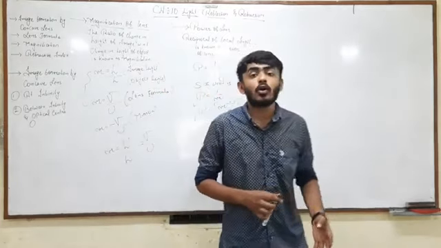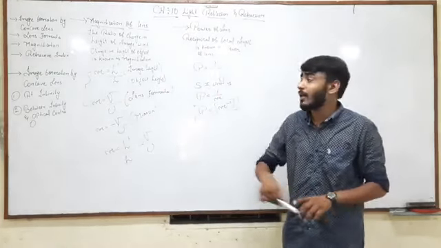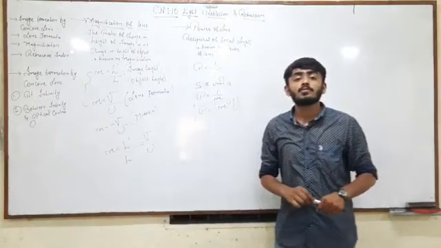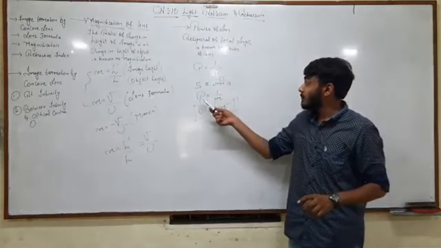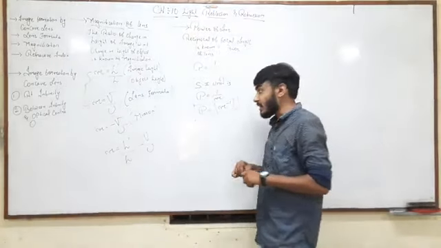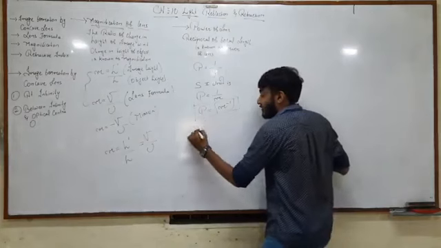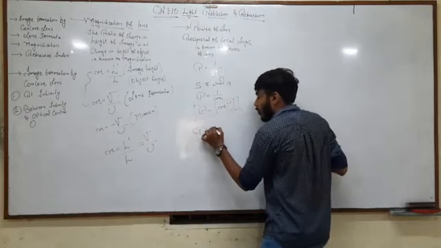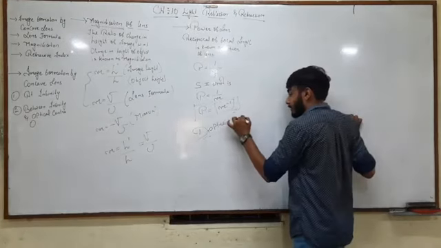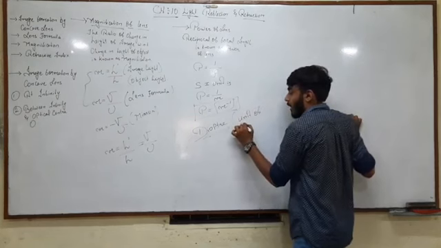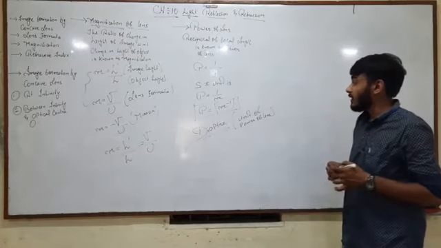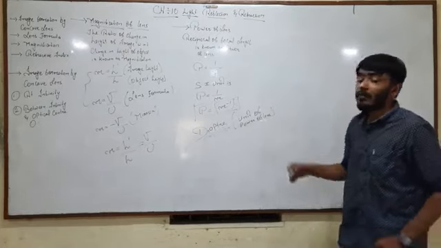The number through which it is determined is the reciprocal of focal length. The unit through which the power of lens is denoted is known as diopter, D-I-O-P-T-R-E. Diopter is the unit of power of lens.